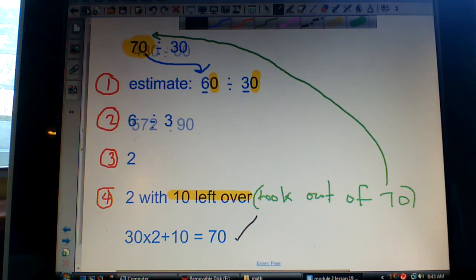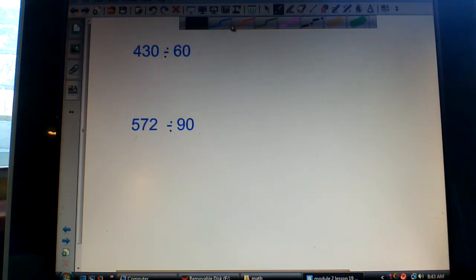All right, let's do another couple of these since this is different. Okay, so we have 430 divided by 60. So what we're going to do first is estimate. We're going to estimate the whole. Okay, we're leaving the divisor this time.